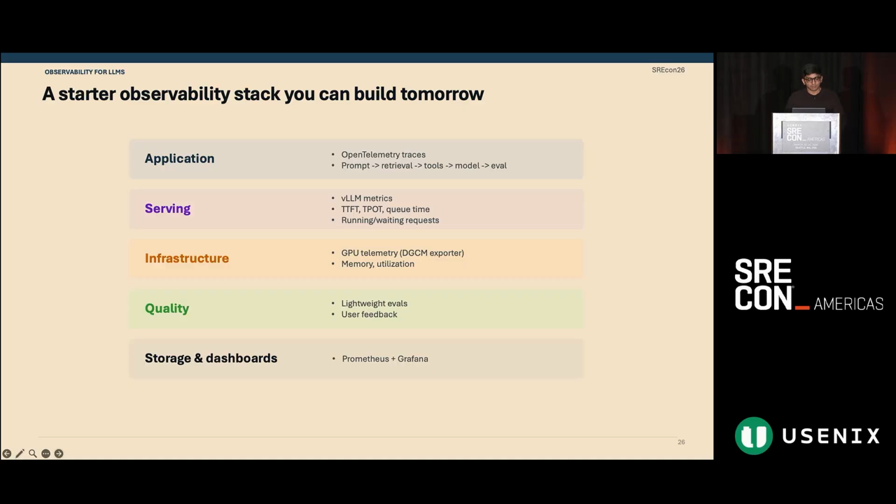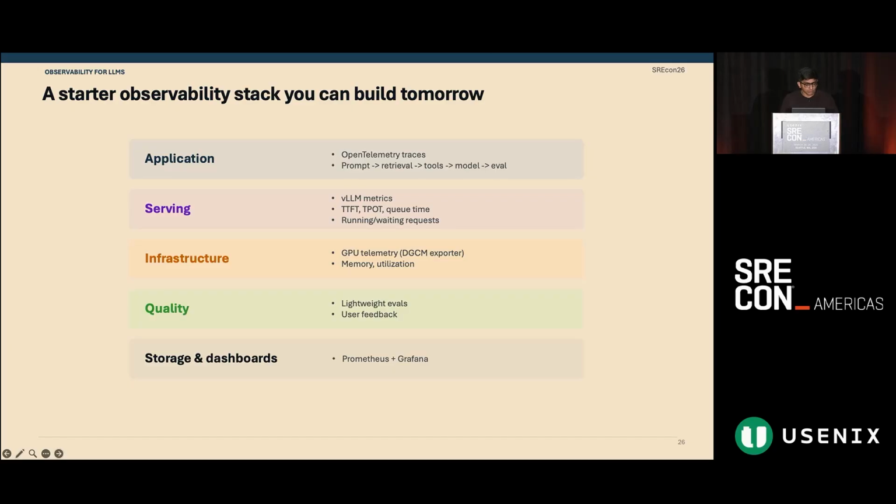A simple observability stack that can be built could be, for monitoring application traces, we can use OpenTelemetry and Gen AI metrics standards to observe traces. And we should observe the entire workflow rather than just the model call. Second, we can monitor metrics such as time to first token, time per output token, queue time, and model metrics through vLLM metrics.